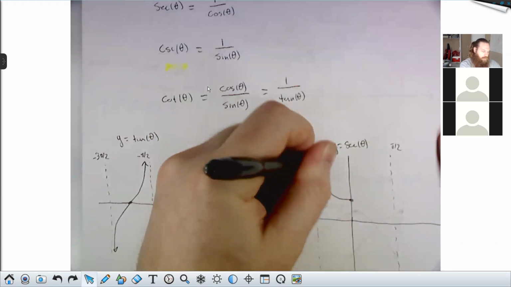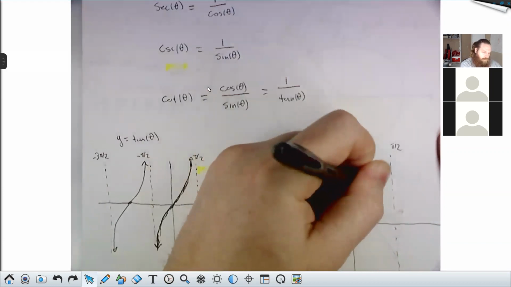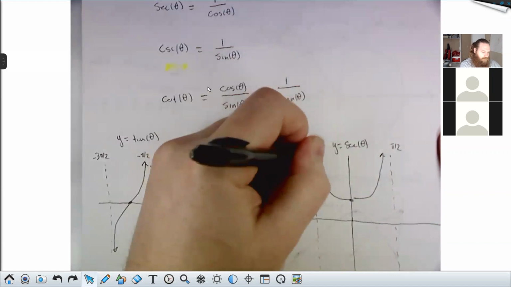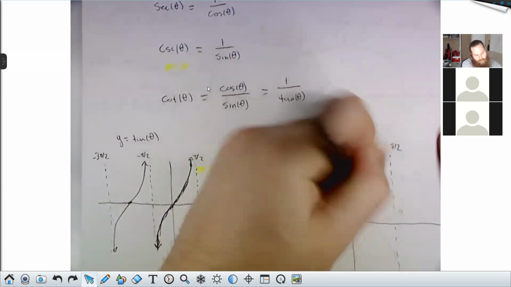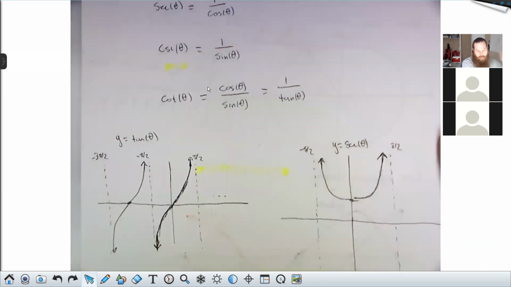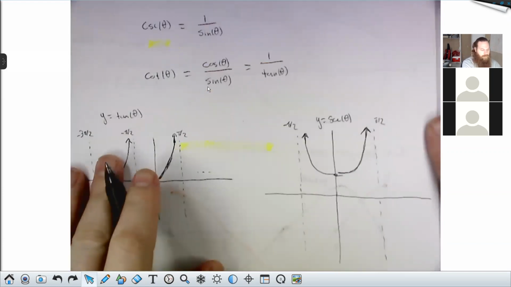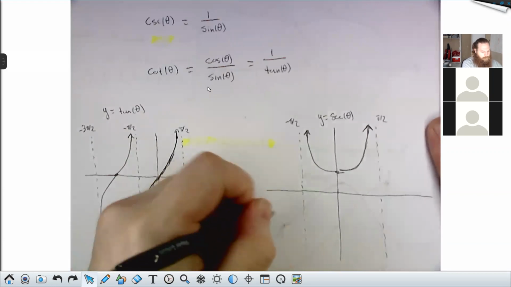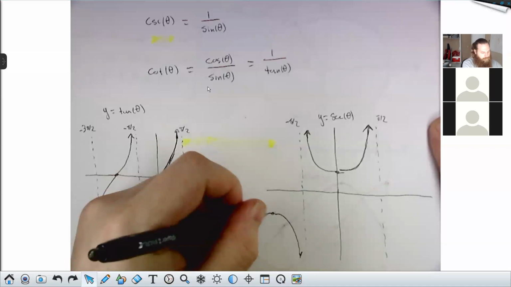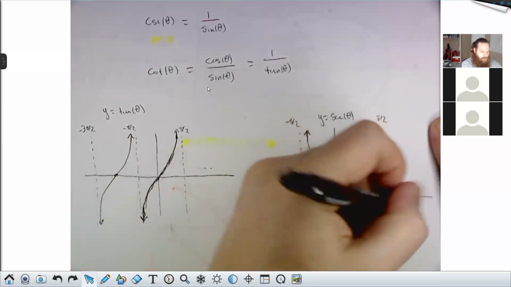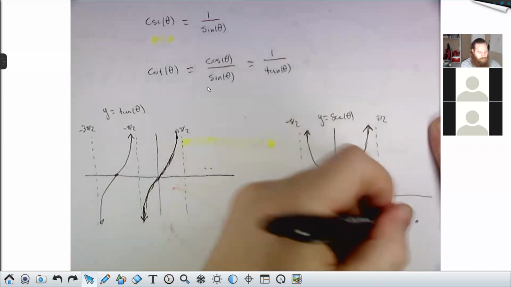But in between, he has these kind of bowl-shaped things. These aren't parabolas, but I hear students call them that a lot. If that helps you remember what they look like, I won't chastise you for it, but certainly they don't fit the definition of a parabola. Over here, again, doing the same sort of behavior. Over here, same sort of thing.